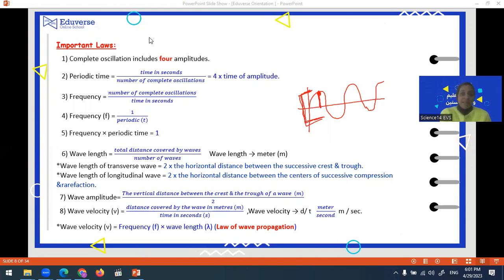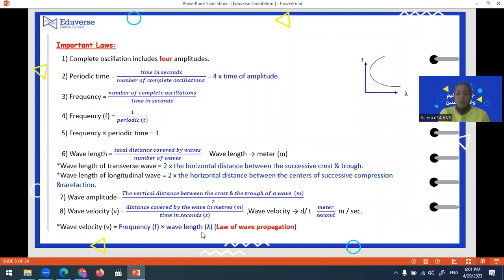So let's get that checked together. What is the relation between, I'm talking about here, the last law. What is the relation, for example, between the frequency and the wavelength? Inverse, excellent. And this is the graph representing the inverse relationship between the frequency and the wavelength.